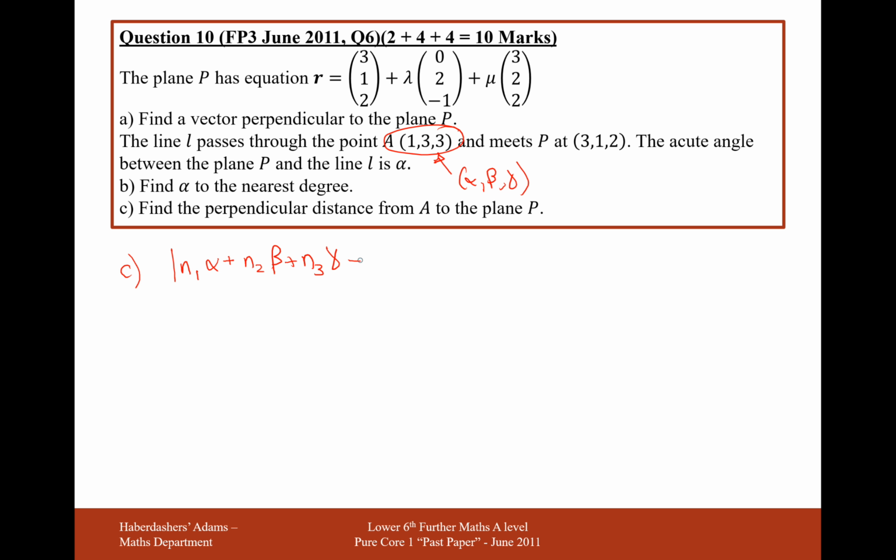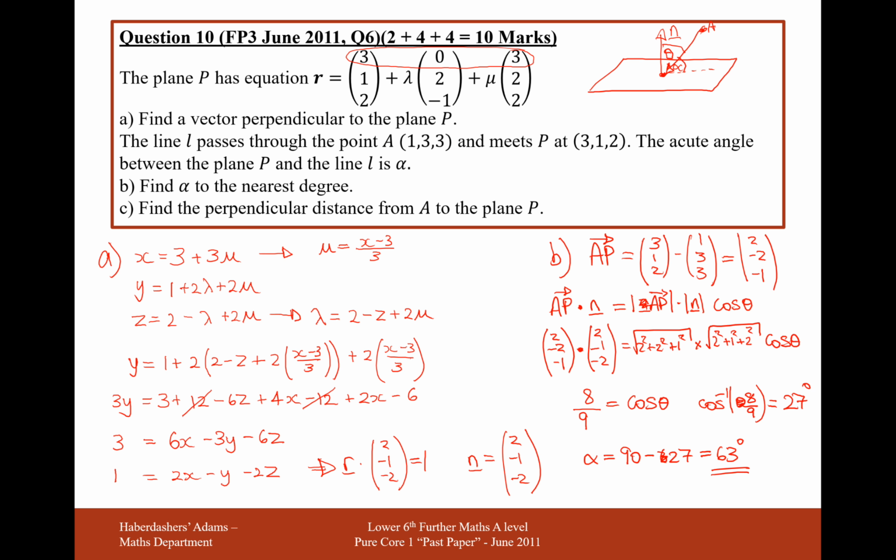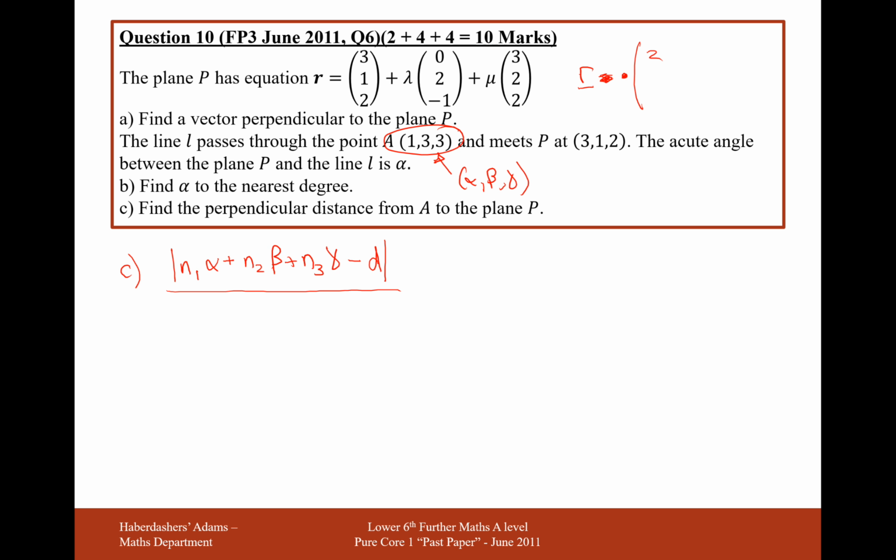And then we have to take away the d part of the equation of the plane. Remember, the equation of the plane we found was r dot 2, minus 1, minus 2, equals 1. So that d value here is 1, and we got n1, n2, and n3 here. And then we divide that by the modulus of the n vector.